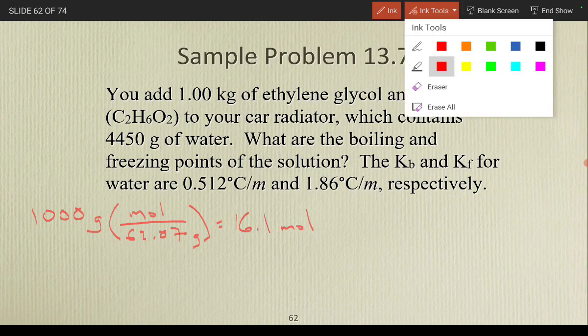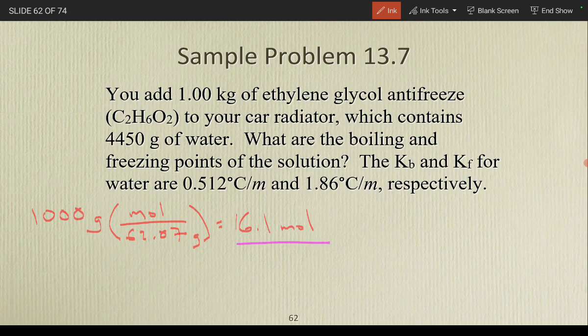And then with it, we can take that number of moles and divide it by the kilograms of solvent to get that molality. So 4,450 grams is just going to be 4.45 kilograms. So we're going to see the molality in this case is going to be 3.62 molal.